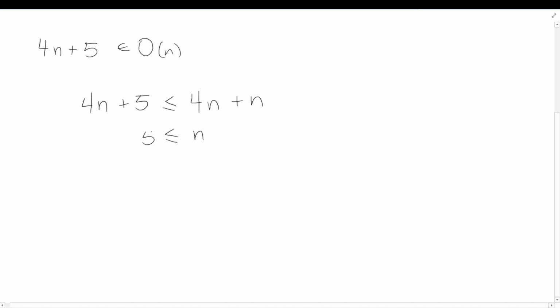What that means is, in this condition, our b that we get from this function will still be 5, 4 plus 1. But for the n naught, if it works for all of the ones greater than or equal to 5, then we can pick an n naught of 4. Remember, we only need it to work for the n's greater than n naught.